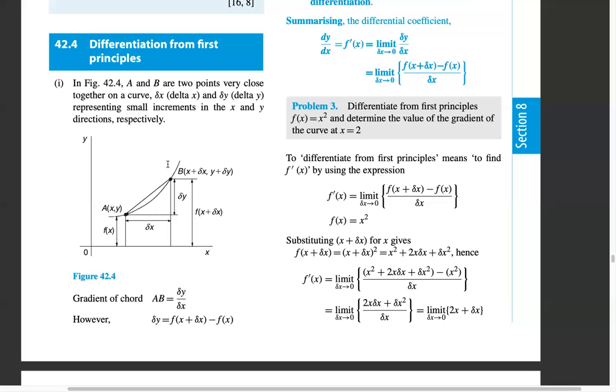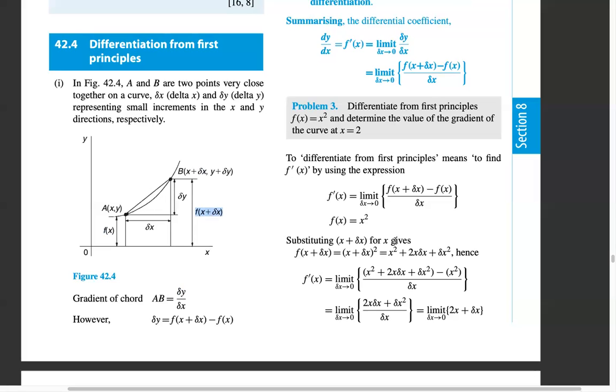Where's delta y? From the diagram, where's the coordinate of B? If the x coordinate of A is x, then the x coordinate of B is x plus delta x. And if the y coordinate of A is f of x, the y coordinate of B is f of x plus delta x, because that's the x coordinate of B, right?